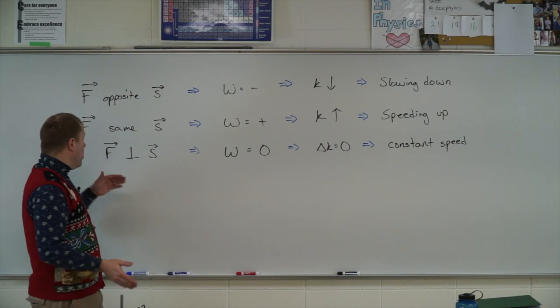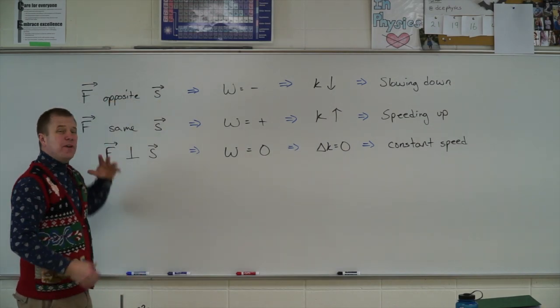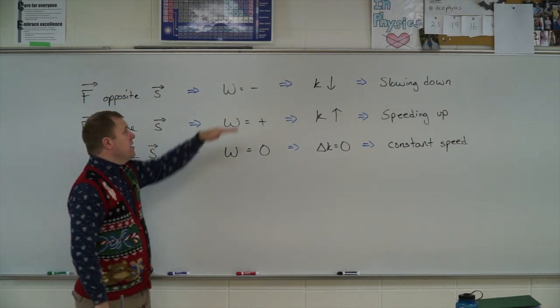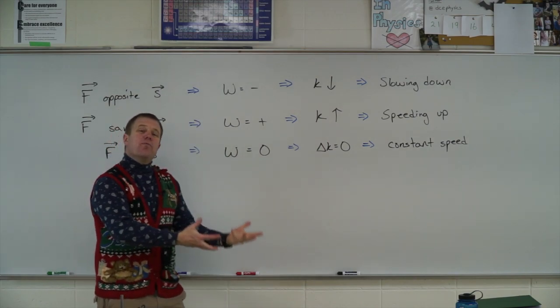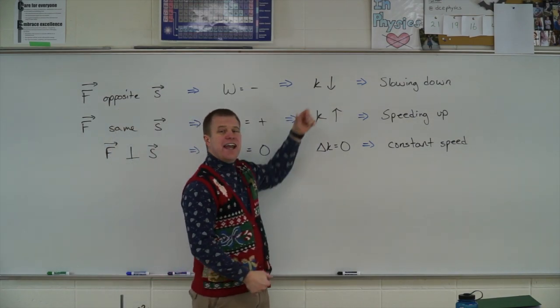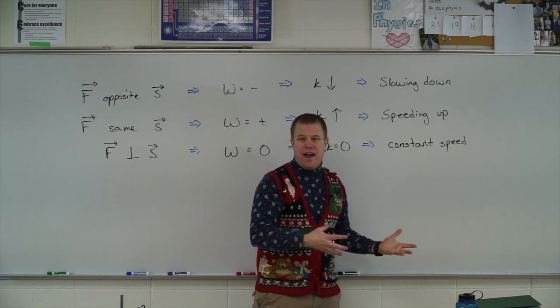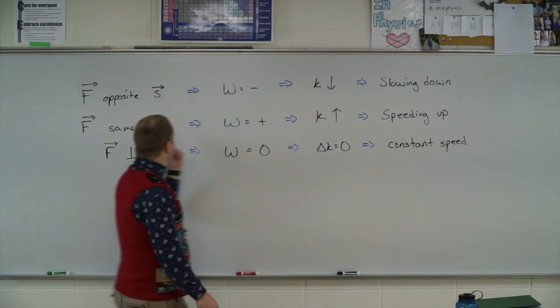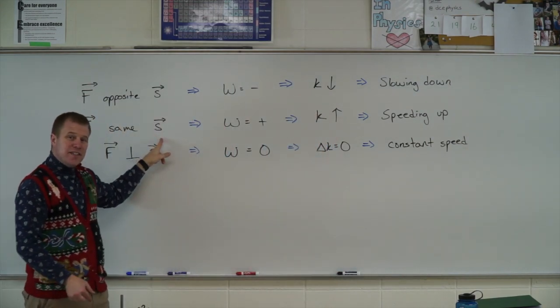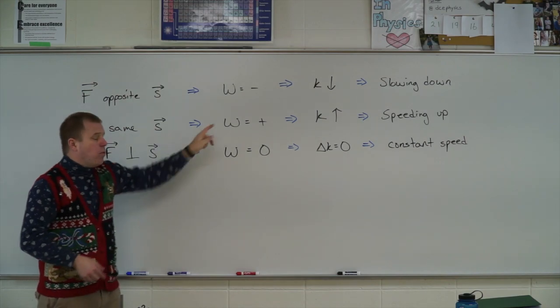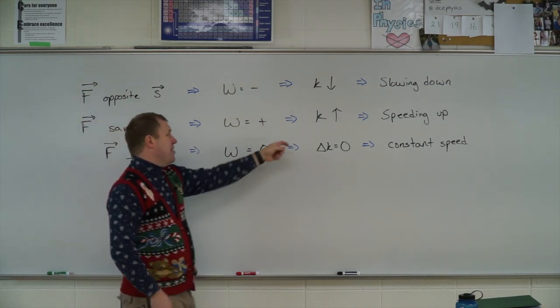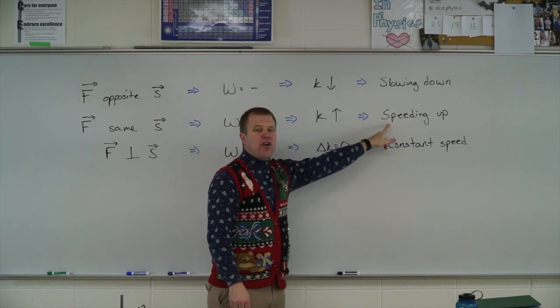When we're looking at work, when the force and the displacement are in opposite directions, the work is negative, meaning it's removing kinetic energy and trying to slow that object down. If the force is in the same direction as the displacement, the work is positive. We're adding energy to the kinetic energy and it's trying to speed it up.